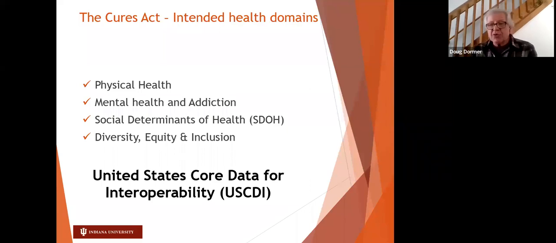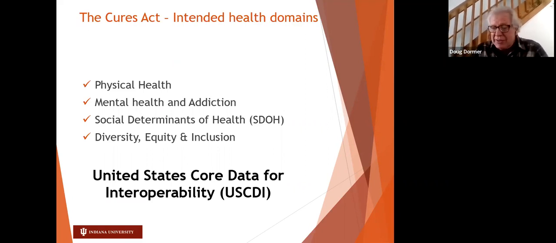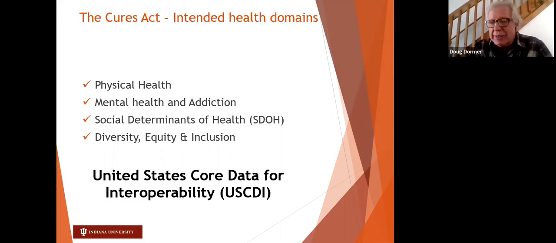As a part of the Cures Act, or extending from the Cures Act, this is an attempt to go beyond the old CCD and CCDA, although they may still apply. The CCD may still be a summary format of the elements to include. The CCDA still applies in terms of the structure.